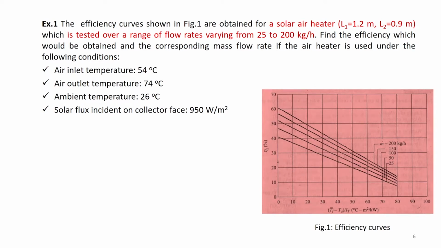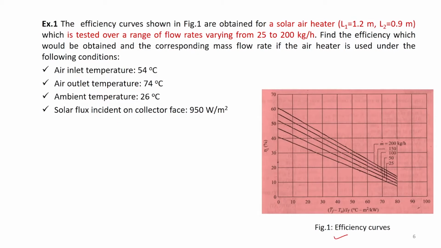The example goes something like this: a solar air heater of length L1 equal to 1.2 meter and width L2 equal to 0.9 meter is tested under a range of flow rates varying from 25 to 200 kg per hour, and the efficiency curve so generated is shown in figure 1.